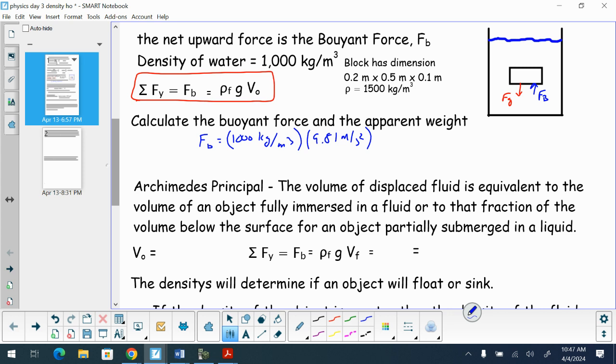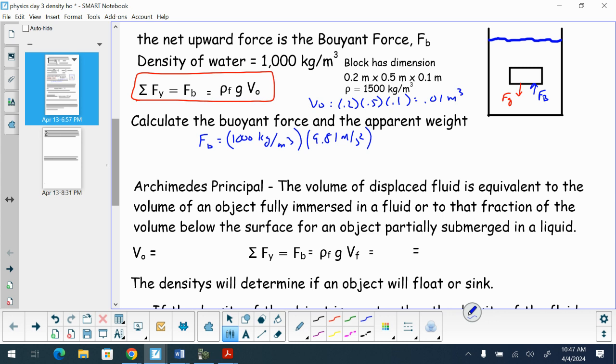So the volume of this object is equal to what, Grayson? 0.01. Is that what you said?